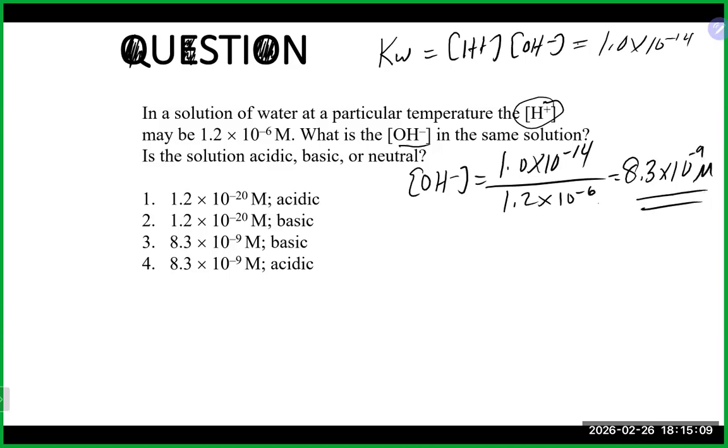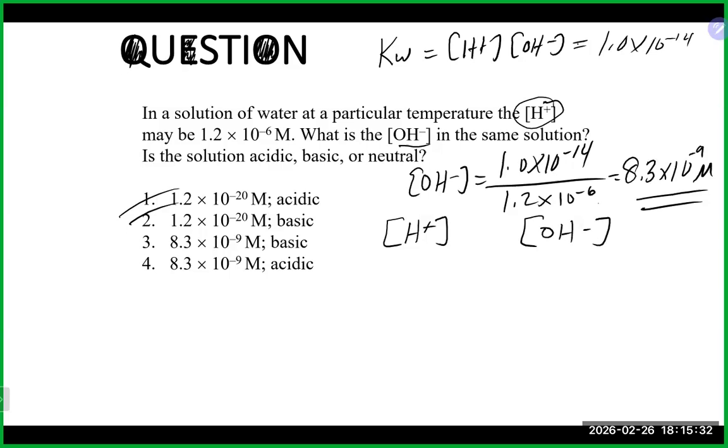Or if you do not have your calculator in scientific notation, maybe a bunch of zeros with an 8 at the end of your screen there, just kind of hanging out. Again, if you put in scientific notation, you'll get to 8.3. Now, when we look at that, that obviously eliminates those two. We're going to now compare our H plus concentration to our OH minus concentration.